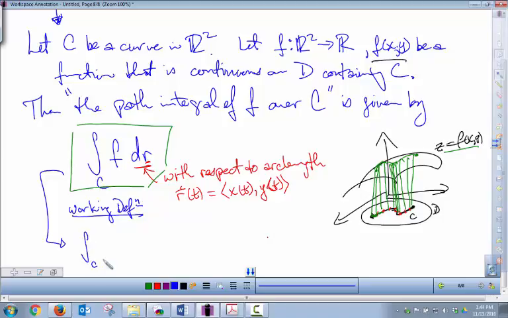So we'll start off with the formula for a path integral. And then we're going to say that this is going to be equal to, well, we need to parameterize C by this vector. And then when you parameterize C, you're going to need endpoints, a starting point and an ending point.